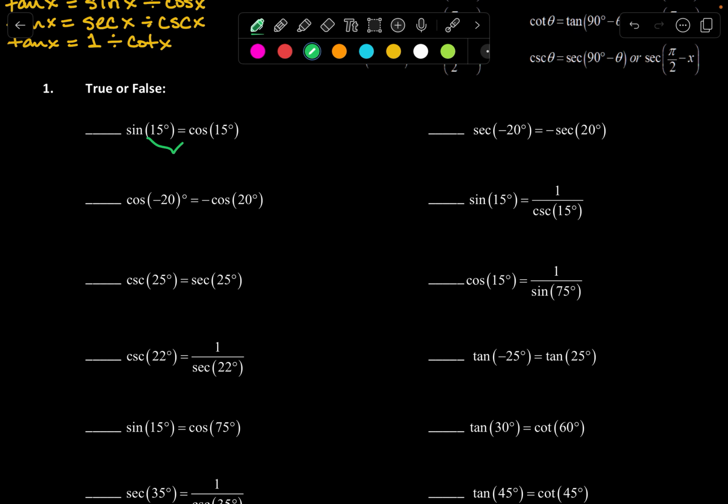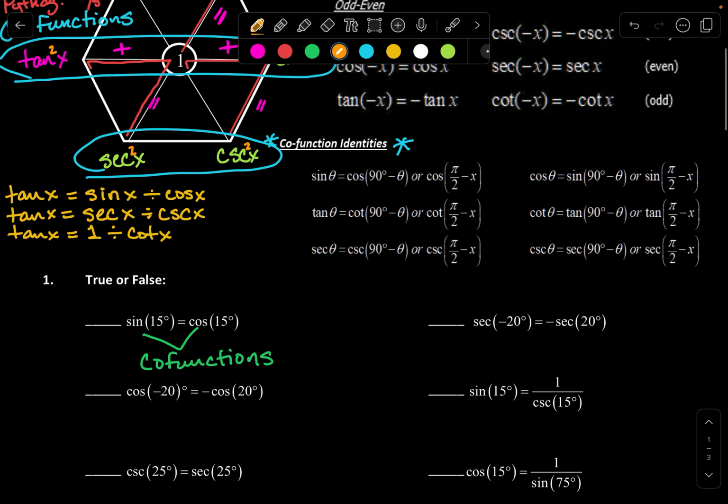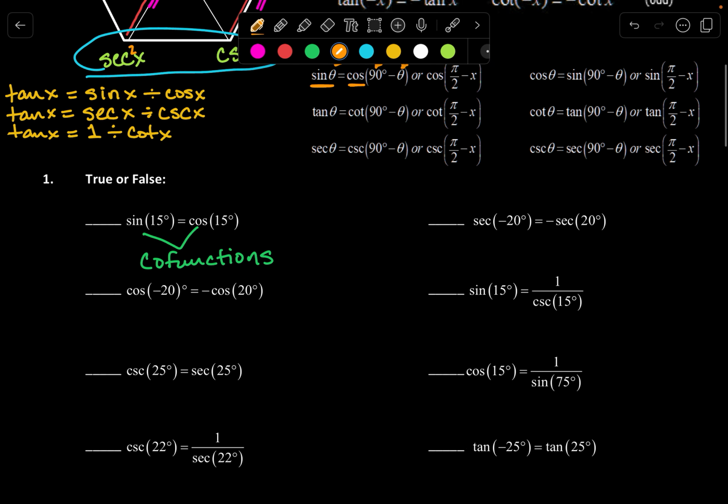So sine and cosine are cofunctions. And when you have cofunctions, which you can look up here if you need to, sine of an angle should equal cosine of 90 minus that angle.